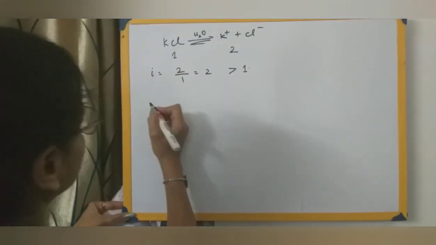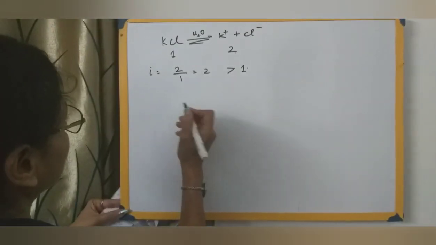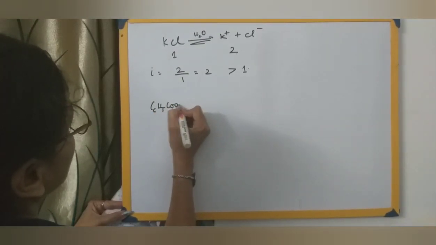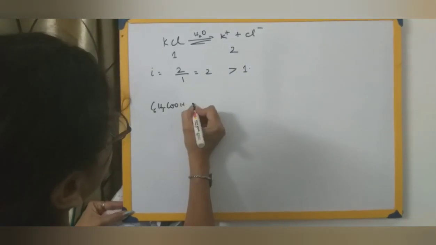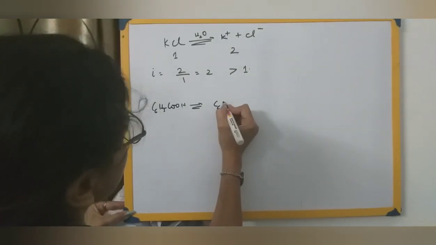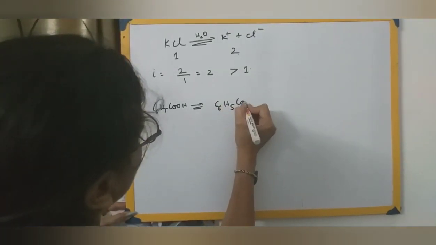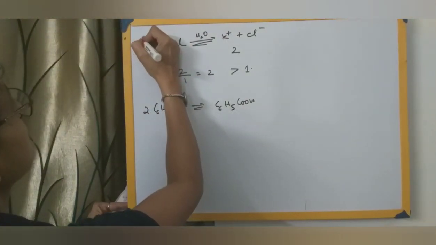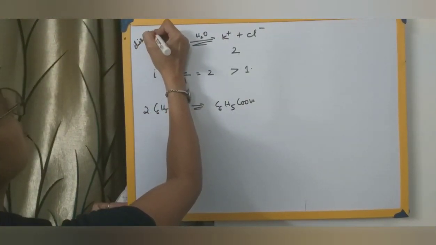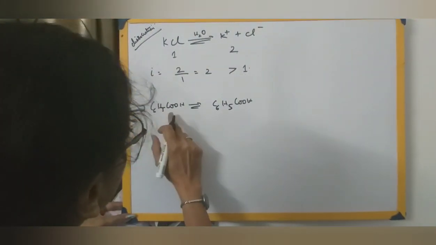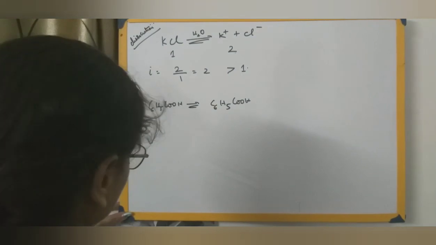Similarly, if you take benzoic acid, that is C6H5COOH. Benzoic acid, if you are putting into benzene, into the solution of benzene, it will dimerize. You're taking 2 molecules. We take another example, that is 2 molecules of benzoic acid, we are taking into the solution of benzene.